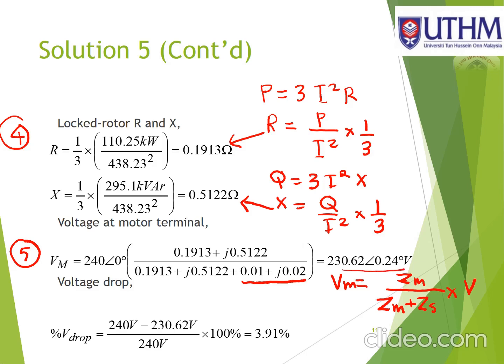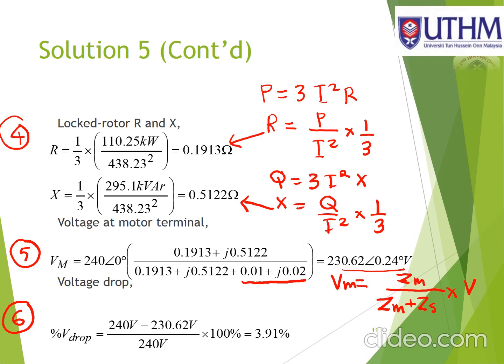This value. And then for step number 6, the final step, we have to calculate the percentage of voltage drop, which is equal to 3.91.